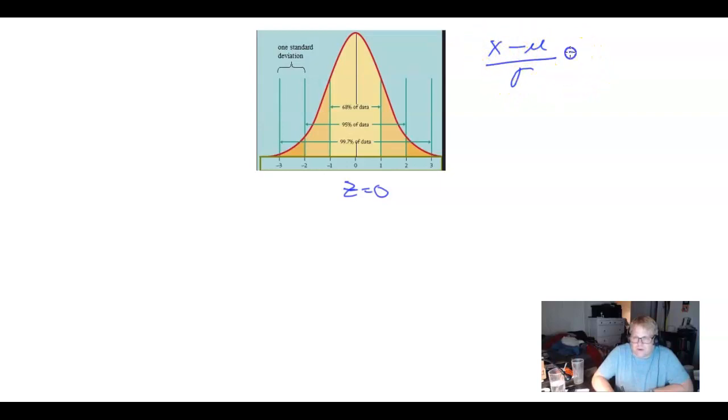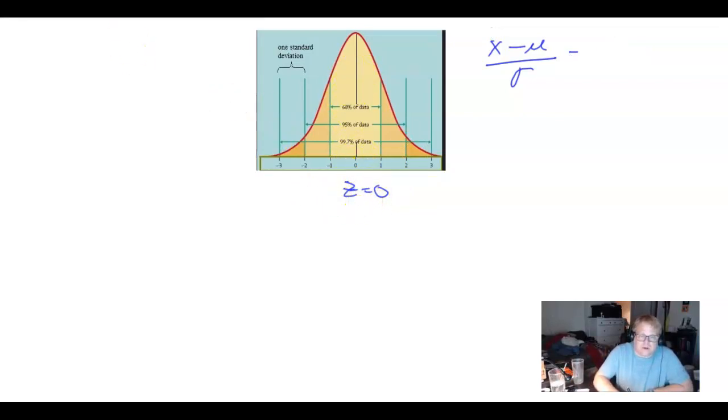The only way the z is going to come out to be 0 is if 0 is on the top. And the only way 0 is on the top is if the data point we're talking about is actually the mean. So you're not going to get a z-score of 0, because who would go find the mean's z-score? That doesn't make any sense.